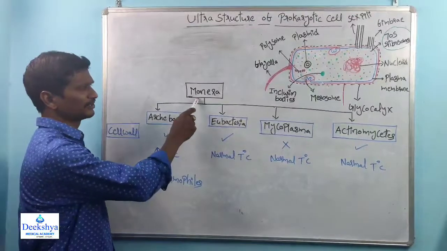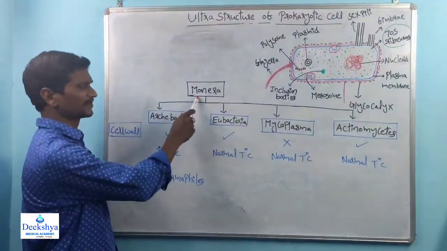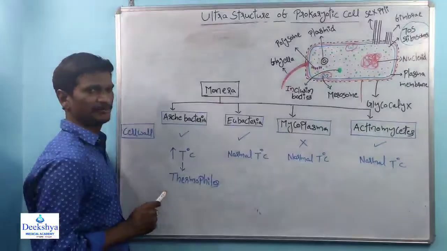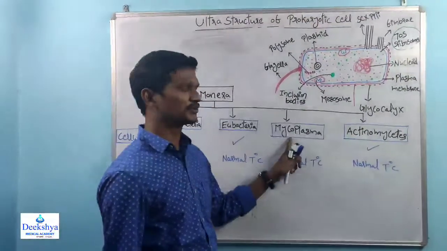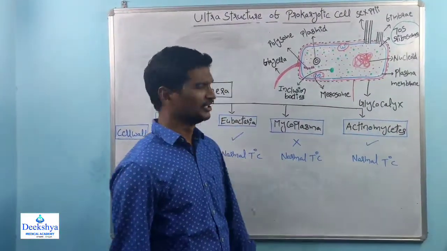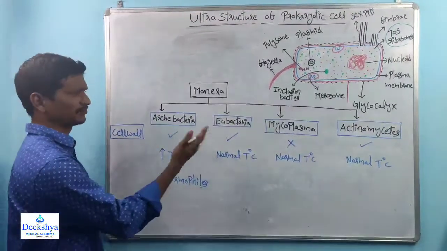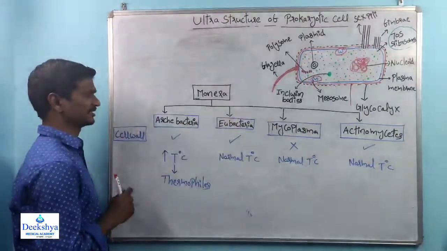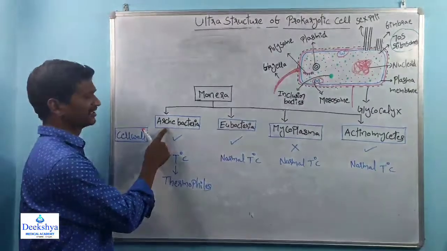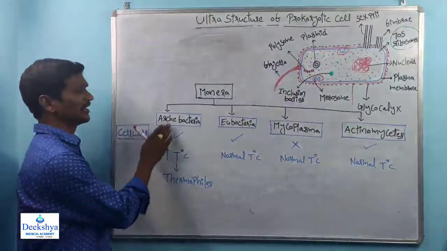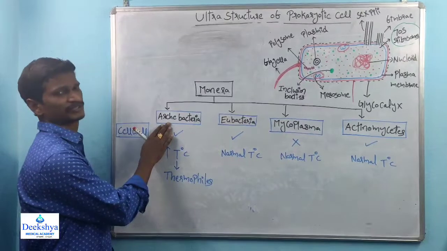We know all prokaryotic cells are included in Monera, right? That Monera is again subclassified into Archaebacteria, Eubacteria, Mycoplasma and Actinomycetes. Each subclass has specific characters. Archaebacteria are bacteria which grow at high temperature, and more generally at unfavorable conditions.